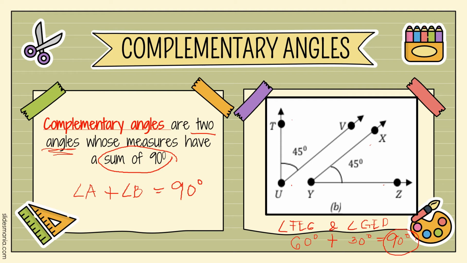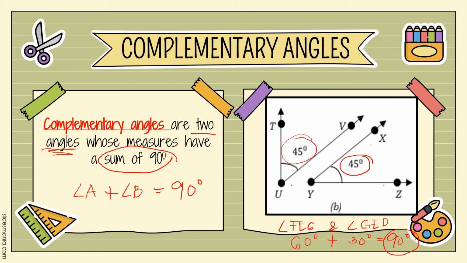So we have here separate angles this time. We do not have adjacent angles anymore. We have angles TUV and XYZ. The measurement of angle TUV is 45 degrees. On the other hand, the measurement of angle XYZ is also 45 degrees. I have a question.